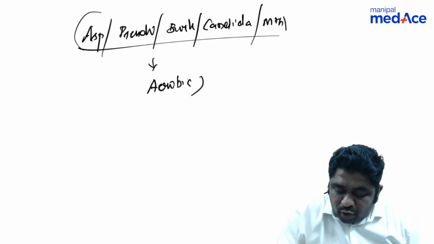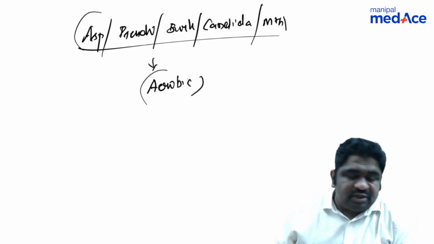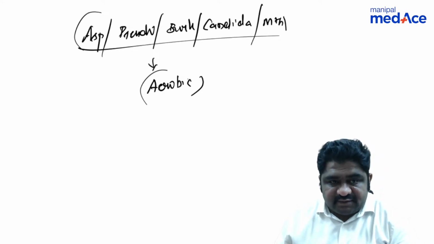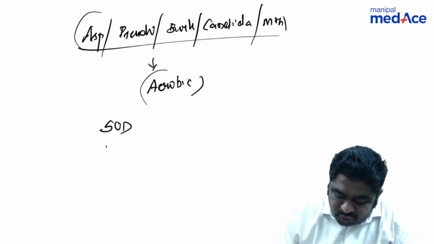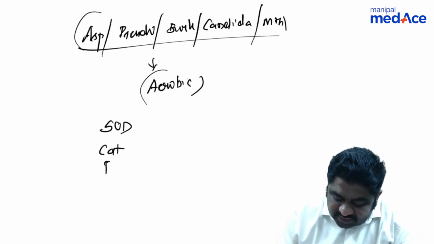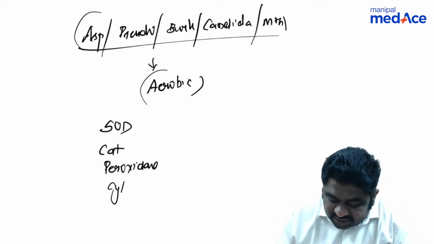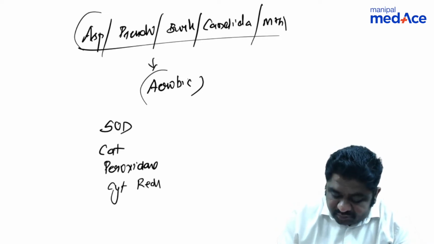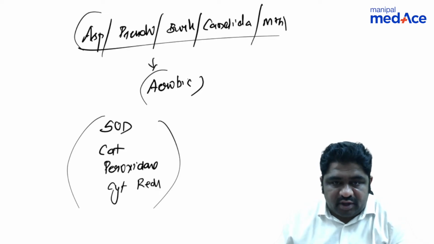If they have aerobic nature, what are the enzymes I taught you today? What are the enzymes I told you that aerobic organisms have? Superoxide dismutase, catalase, peroxidase, and cytochrome reductase. These four enzymes can be carried by these organisms to act as aerobic organisms.